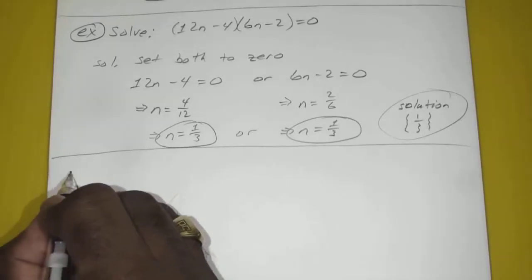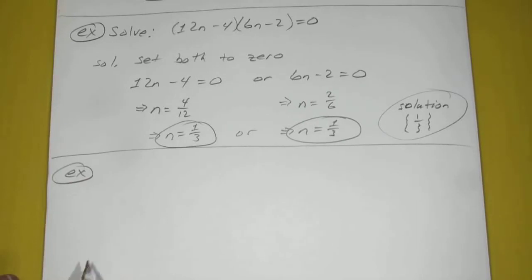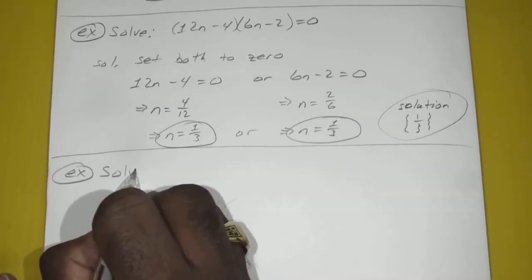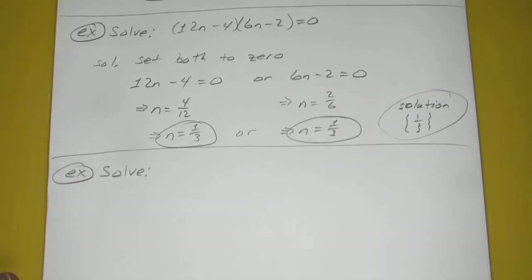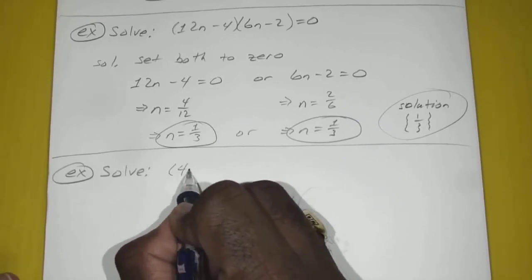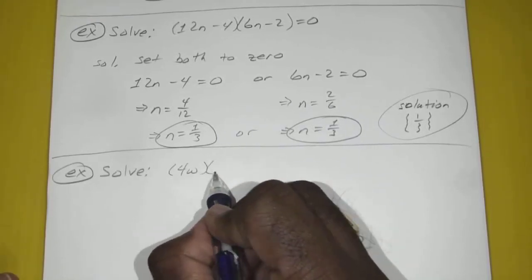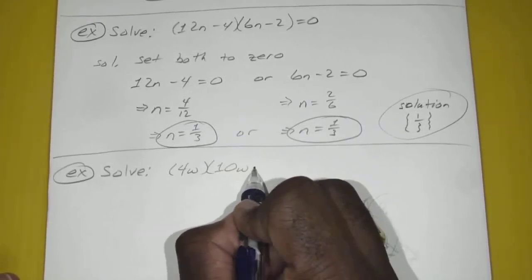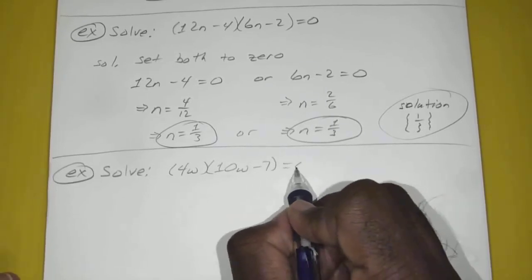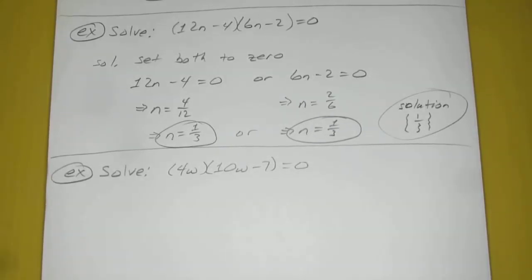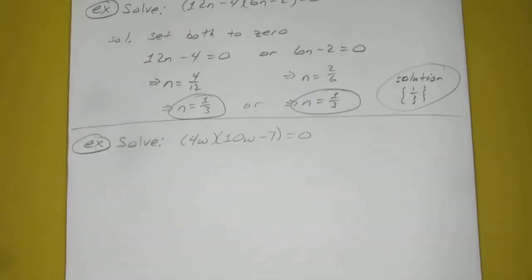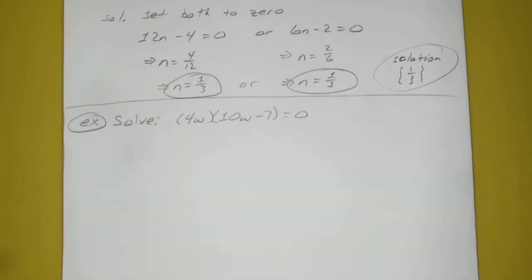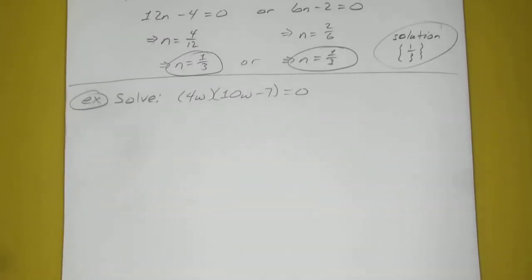Okay, so what if we had to solve 4w times 10w minus 7 equals 0? Let's see if I can bring this up to see the whole thing. There we go.